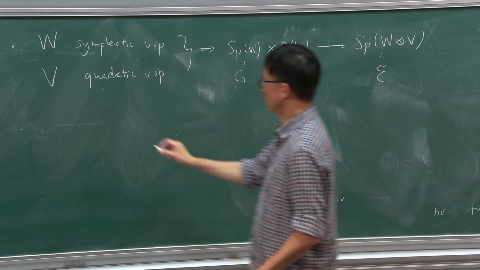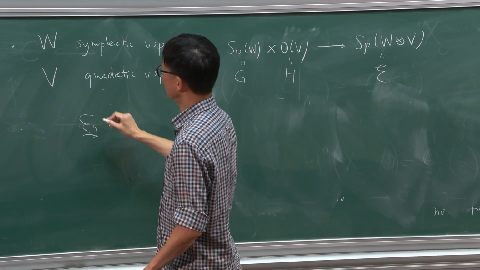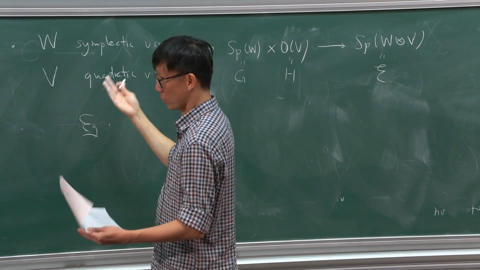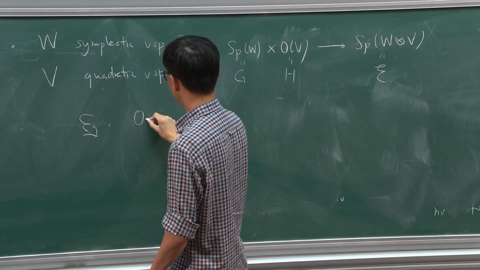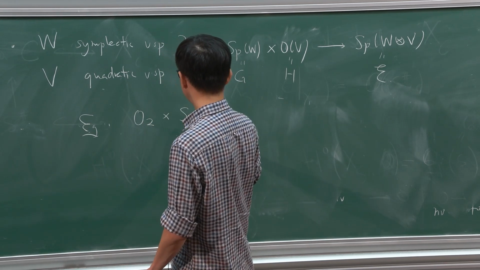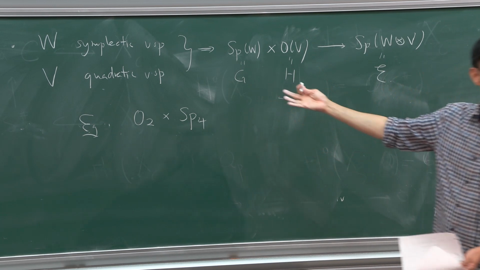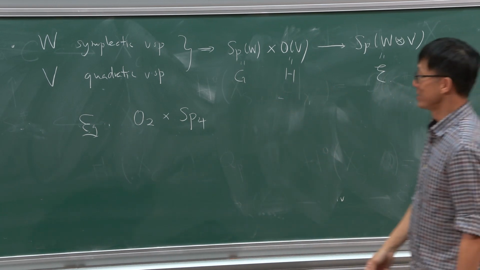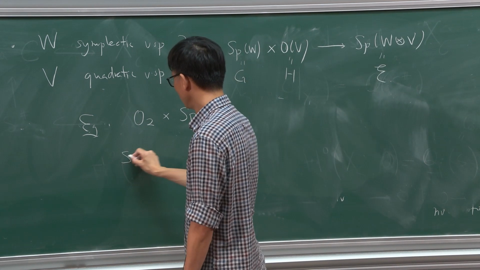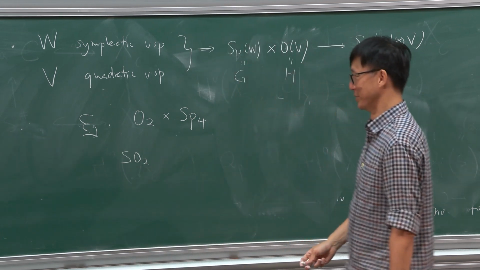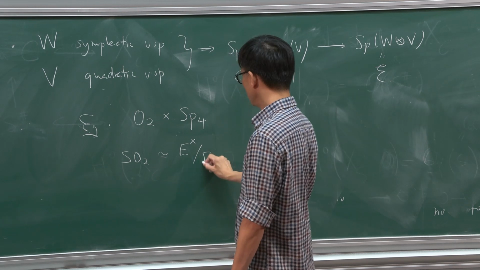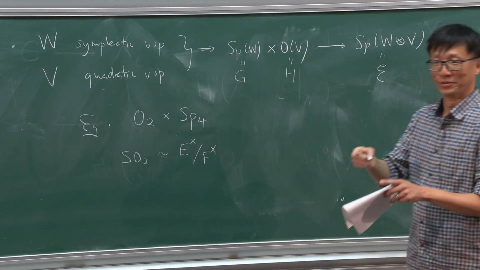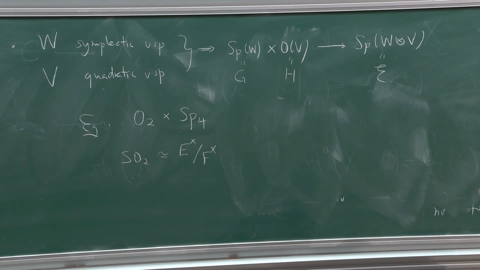So for example, you can take W to be 4-dimensional and V to be 2-dimensional. Then you get O2 and SP4. That's an instance of this. And what is O2? Well, O2 is disconnected, and its identity component SO2 is in general of the form quadratic algebra mod F cross.